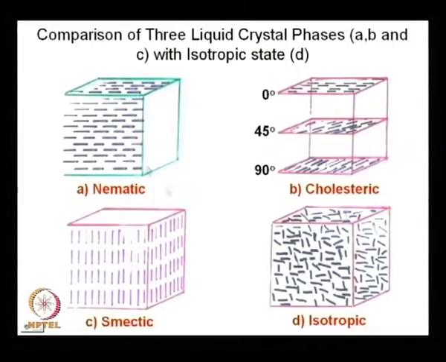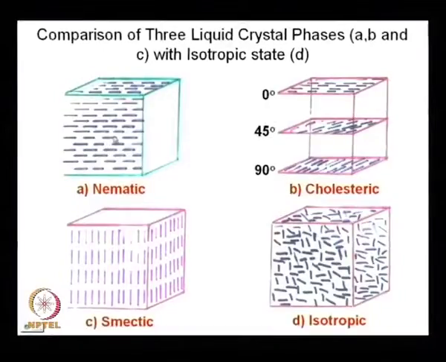But when these are arranged like this, they are parallel, but the mesogens are not close to each other in the parallel lines. So, they are called nematic, because the interaction between these mesogen units is less, whereas when the mesogens are arranged parallel like this, it is called smectic.